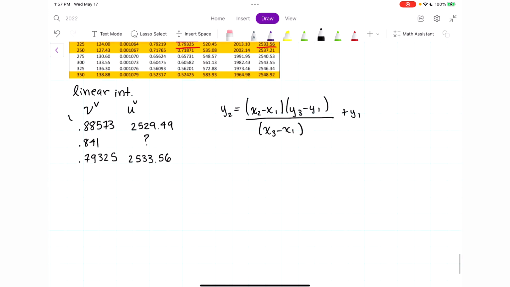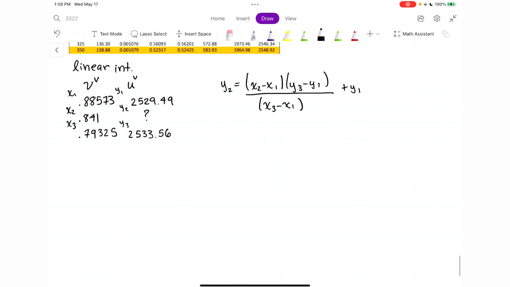This would be my X1, X2, X3, Y1, Y2, Y3. Plug it in or program it into your calculator, or even online calculators can do it for you really easily.